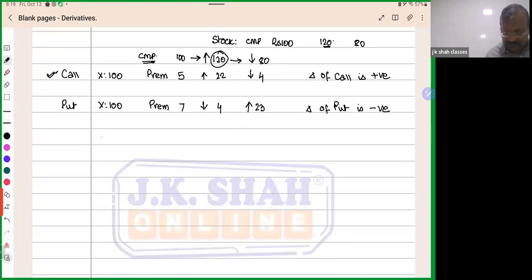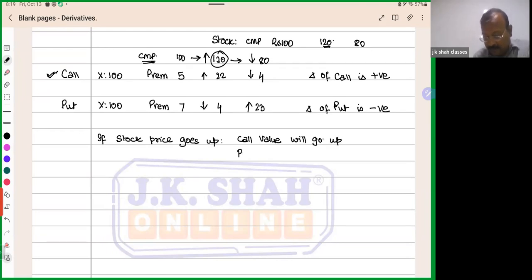Or maybe we can summarize. If stock price goes up, call value will go up and put value will come down.